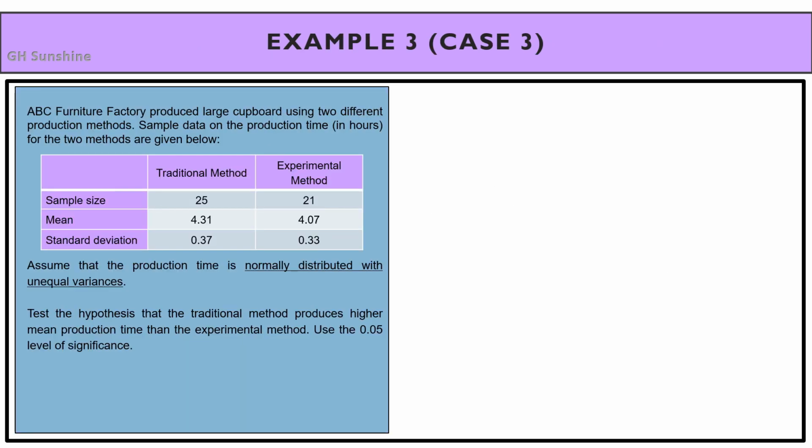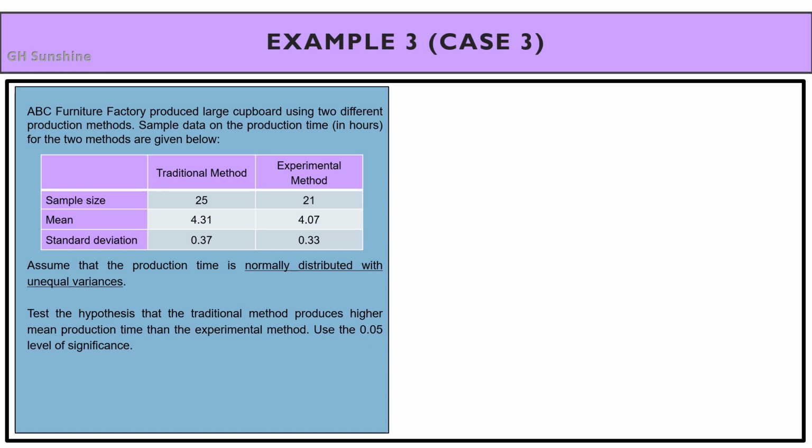Okay, so now this one is case number 3. So recall back. Case number 3, both populations are normal, unknown variances, and also unequal variances. And also the sample should be independent. So let's focus on third example.